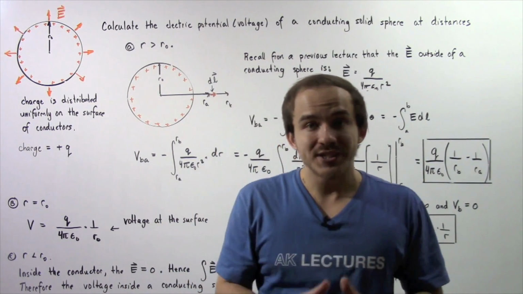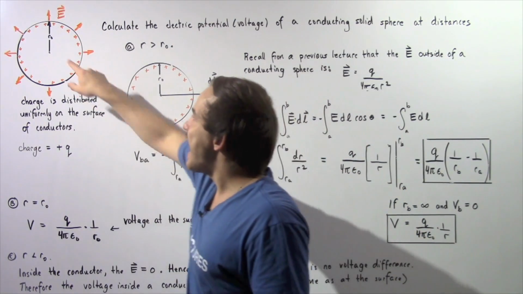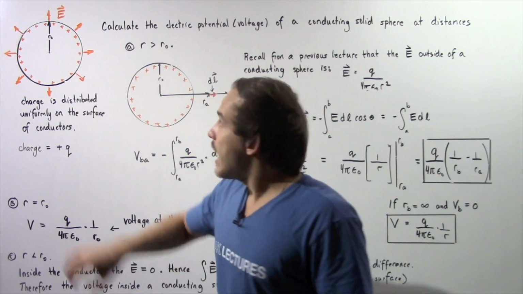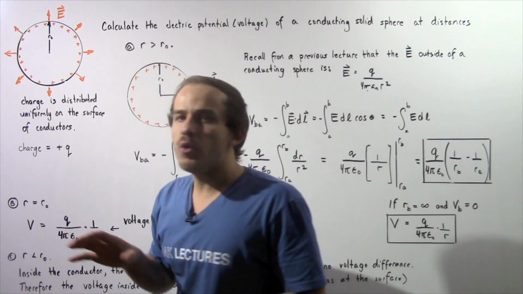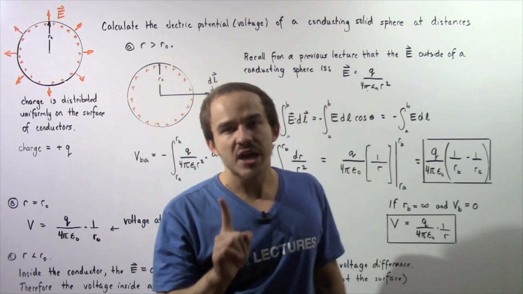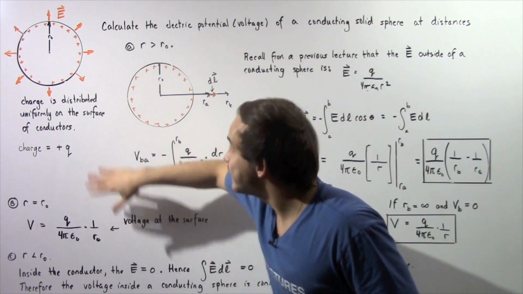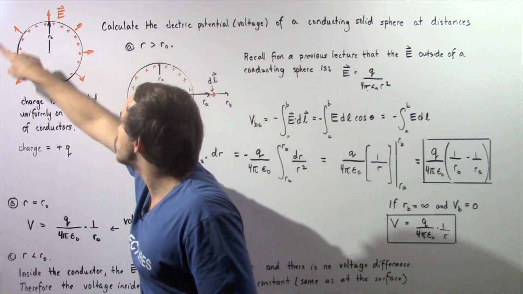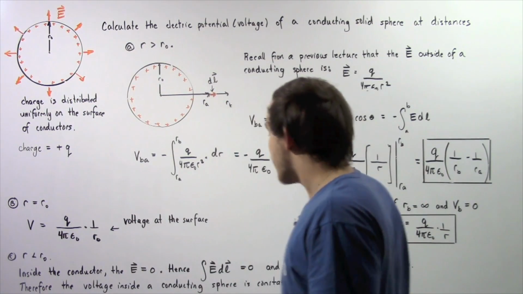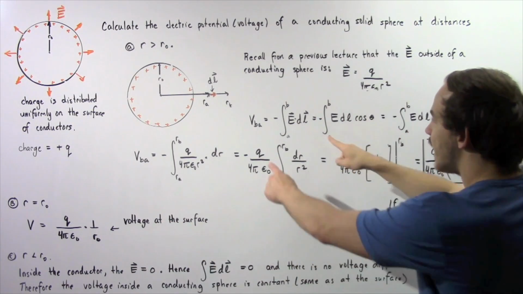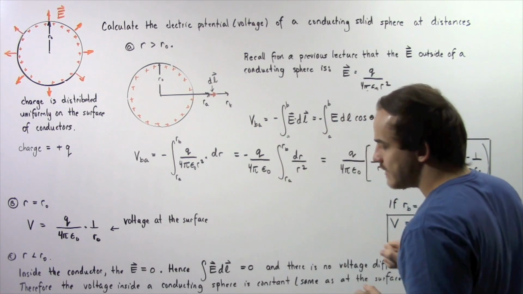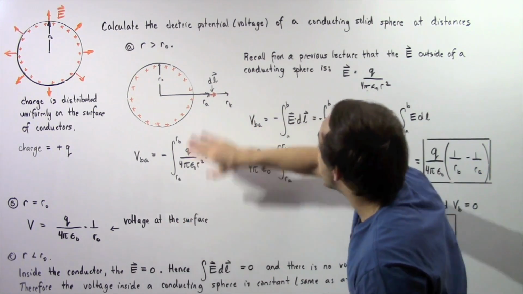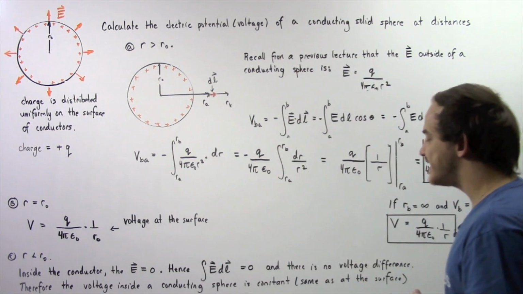What is the voltage difference inside our solid sphere? Now, inside our sphere, we have no charge. So that means our electric field inside is 0. And that's because all the charge collects on the surface. So that basically implies that this quantity, our potential difference, our voltage difference, is equal to 0.